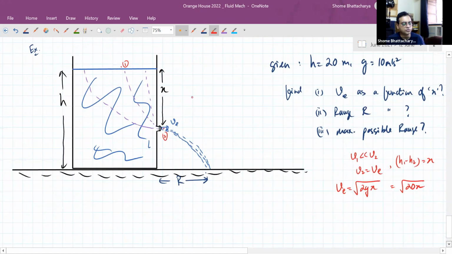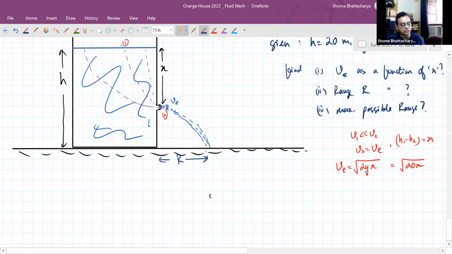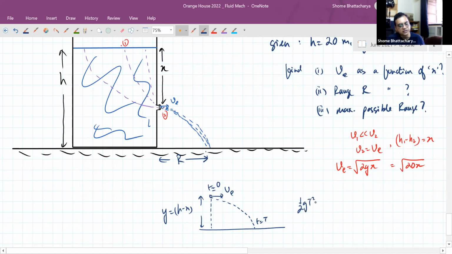Once we get that, from here it is like horizontal projection. Something is thrown like this from the ground level at a height of y equal to h minus x. If it starts from here at t equal to 0, by the time it reaches the ground, half g t squared is equal to y. So the time of flight is square root of 2y by g, or square root of 2 times h minus x by g.